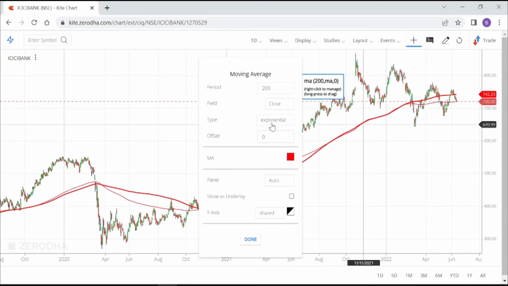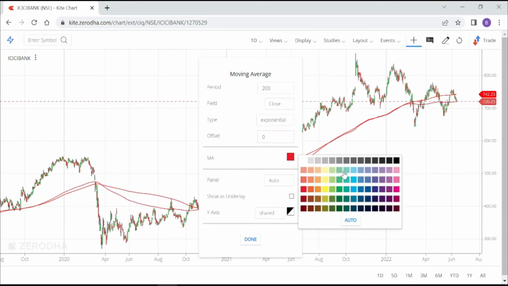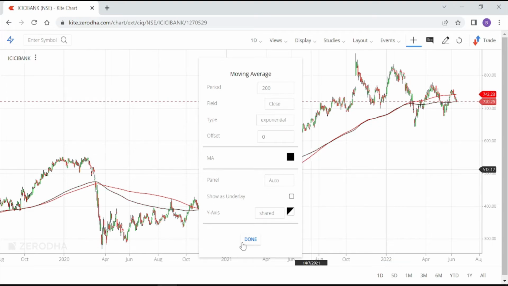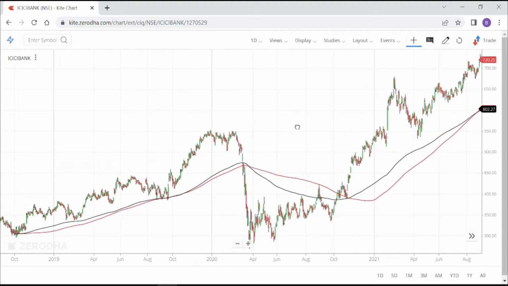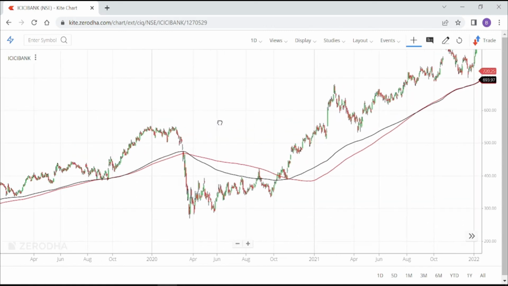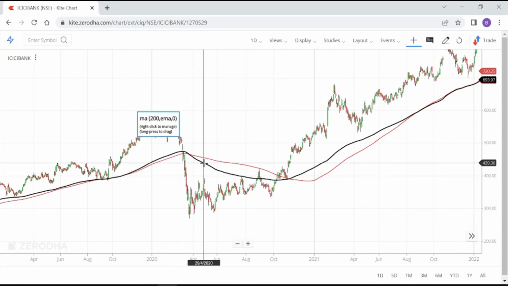I'm applying the type exponential, and let us choose some other color. I've taken black here and click done. All right, friends, here you can clearly see, since the stock has fallen, the red one is the 200 SMA and the black one is the 200 EMA.